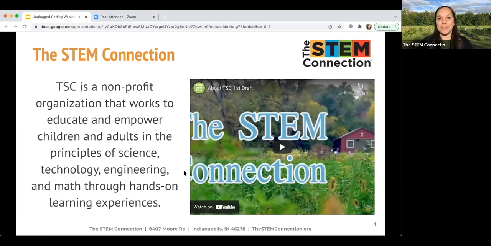So that just kind of shows our place in space a little bit more. And as you can see, we feel really strongly about connecting kids with nature and being outdoors. And therefore, when we think about computer science as part of STEM, we don't always want to spend a lot of our time necessarily using those computing devices specifically. We do in certain situations, and we pull them out as a tool to use, but it's not our primary focus.